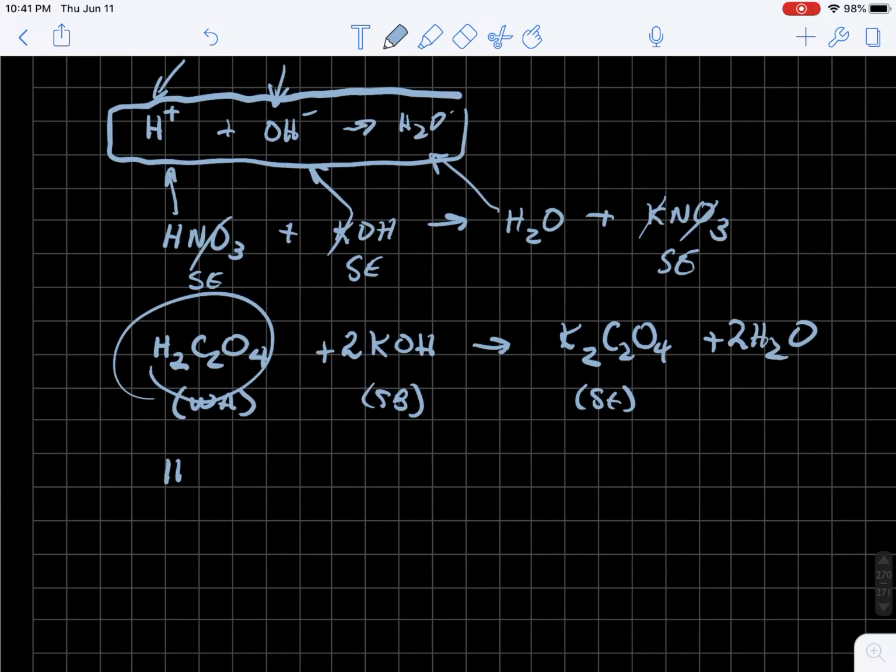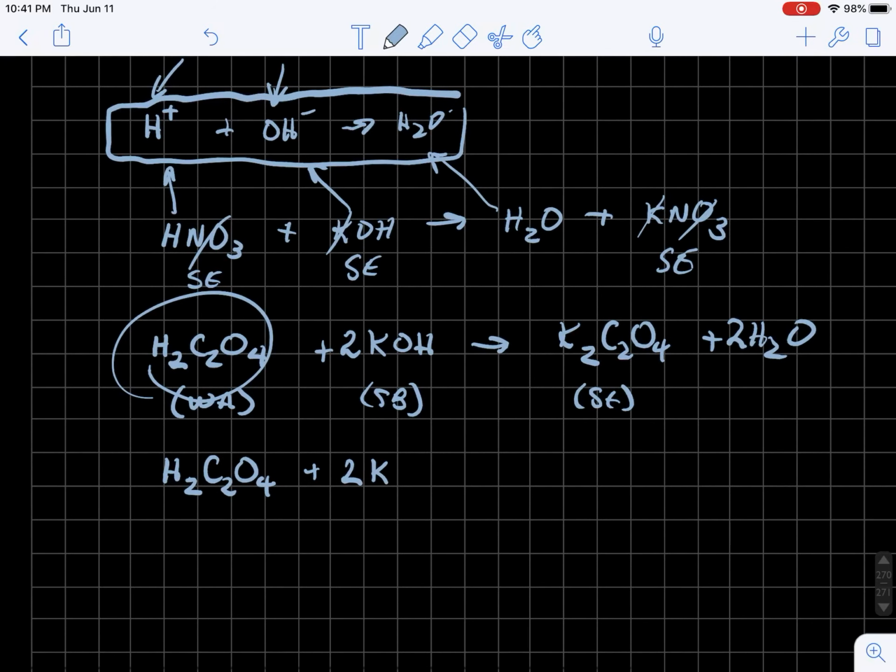So if you're dealing with a weak acid or a weak base, I'm going to advise that you follow this technique of, hey, let's write this thing out as ions. Can't write the weak acid as an ion because it's weak. Doesn't produce a lot of ions. But we can write the potassium hydroxide as ions. We can write the potassium oxalate as ions.